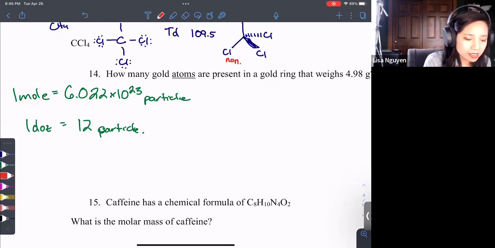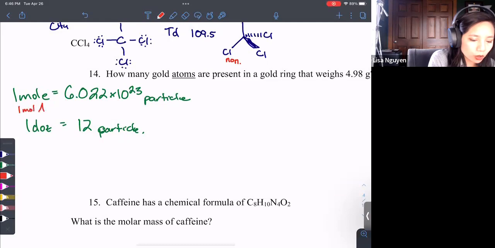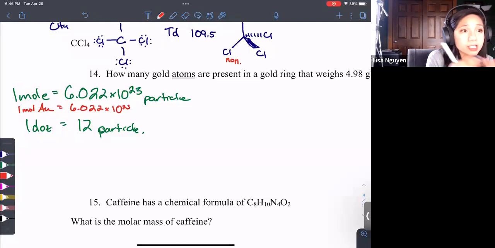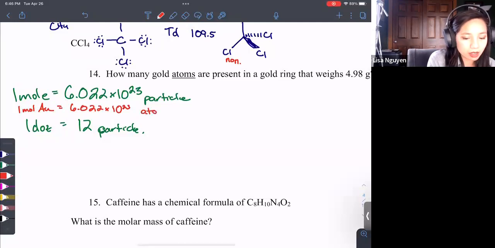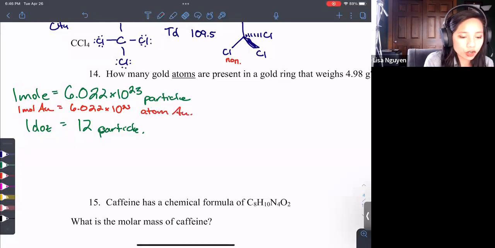So in this example, 1 mole of gold equals 6.022 times 10 to the 23 particles, specifically atoms of gold. All right, so that's one of the conversions that we will use here in order to get to specific atoms.